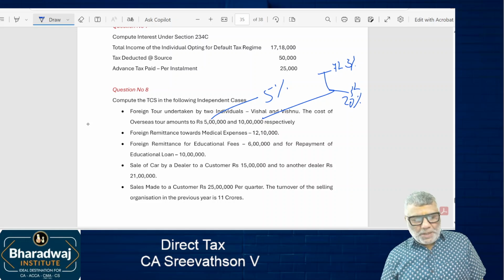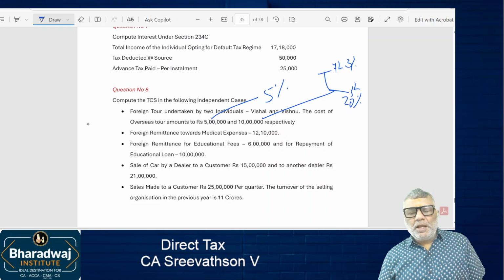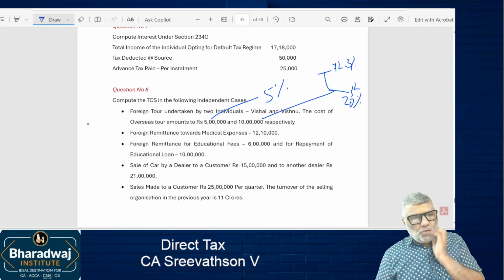Foreign remittance towards medical expenses. First 7 lakhs nil, remaining 5 lakh 10,000 into 5%.